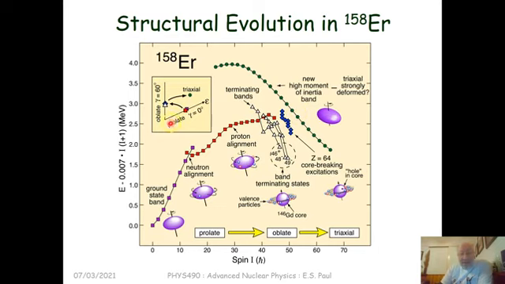Now if we look at this inset with our beta gamma or epsilon gamma plot here, this is where we started at low spin, and then we go over to the terminating states here, and now this new shape of the nucleus would sit somewhere here. So notice it's much bigger deformation in terms of epsilon, and it also has some finite value of gamma.